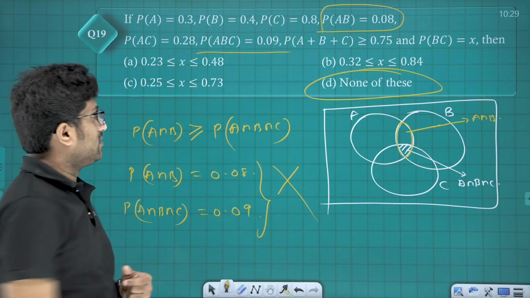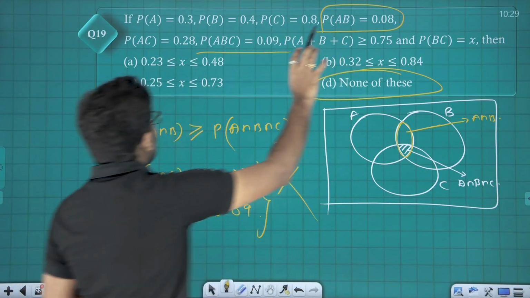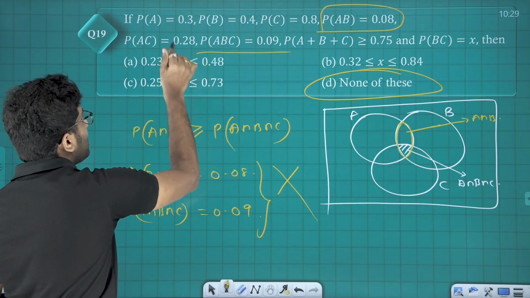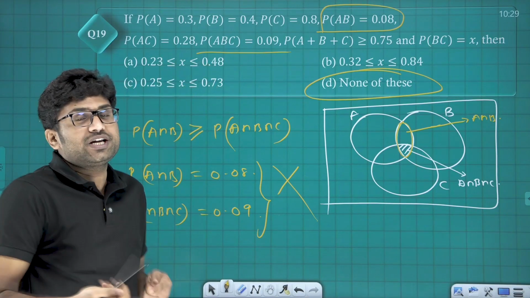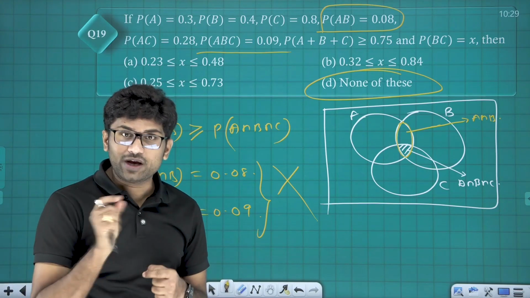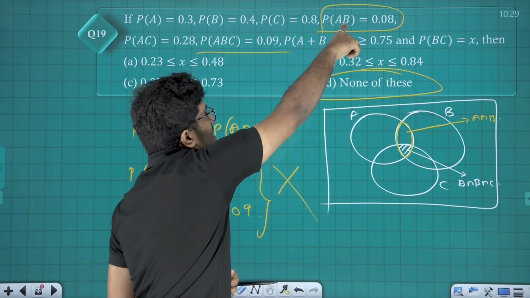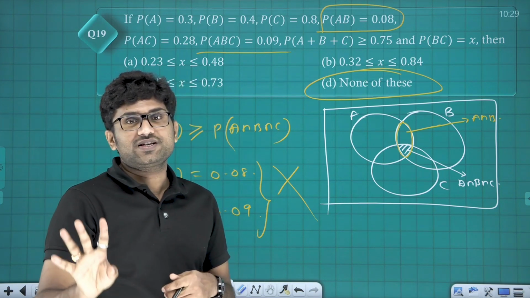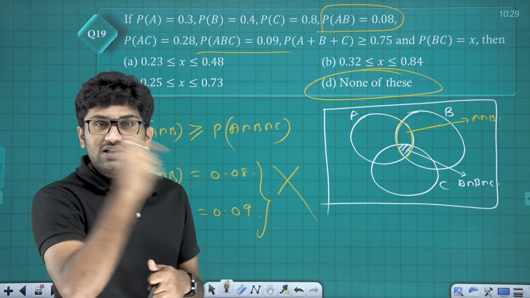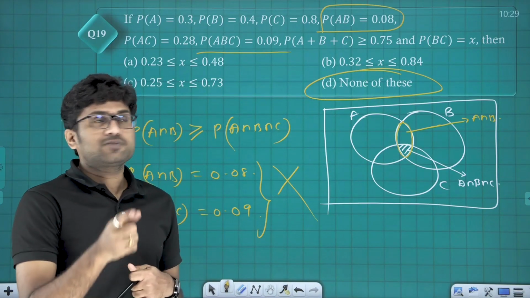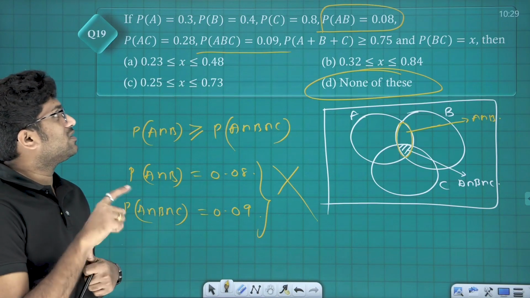Please do understand. If we try to solve, we will get the answer as 0.23 less than or equal to x less than something. But you can't even proceed into the solution, because the given data itself is wrong. P of A intersection B should always be greater than or equal to P of A intersection B intersection C. But in this case, P of A intersection B is 0.08, whereas P of A intersection B intersection C is 0.09.